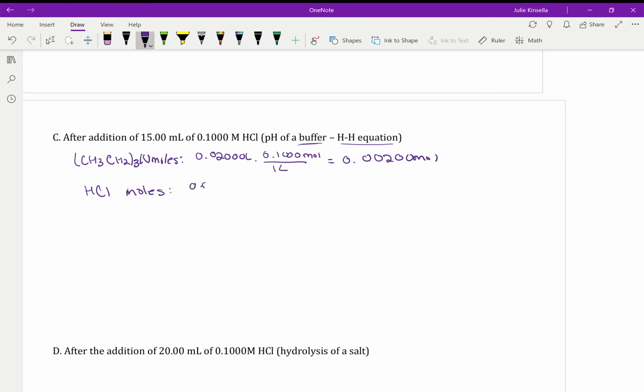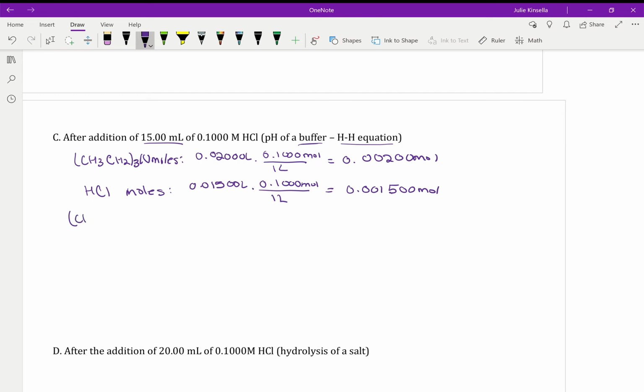I've added in 0.015 liters, this is just the 15 milliliters. It happened to have the same molarity, so 0.1. And when you find that, you get 0.001500 mole here.